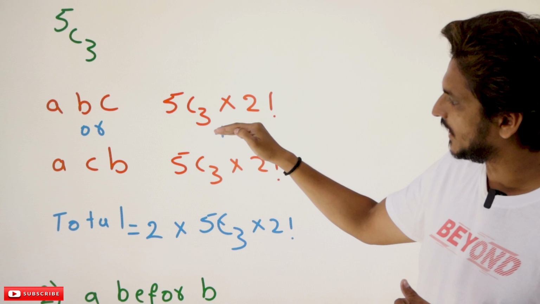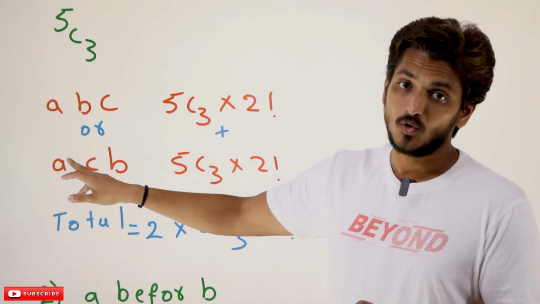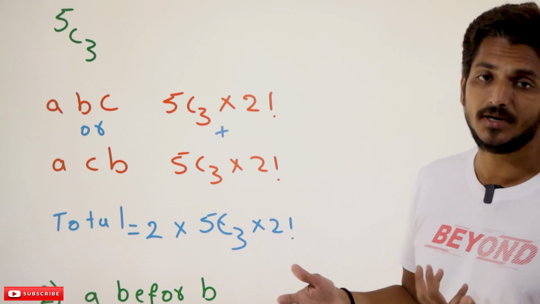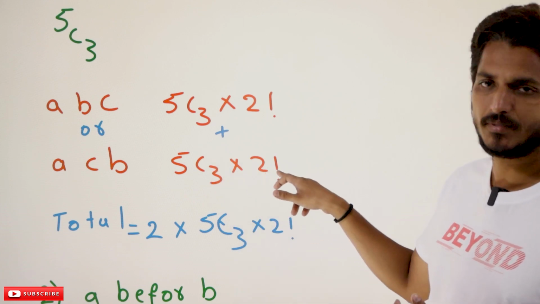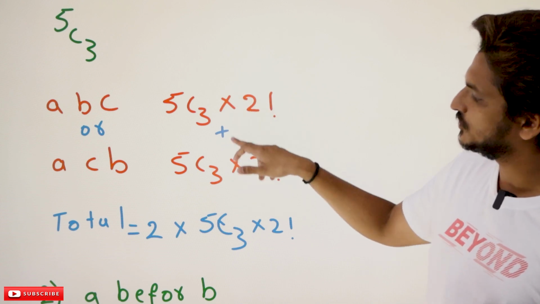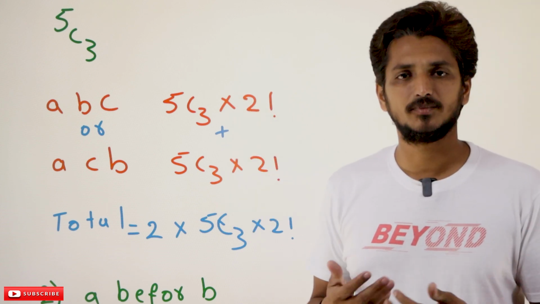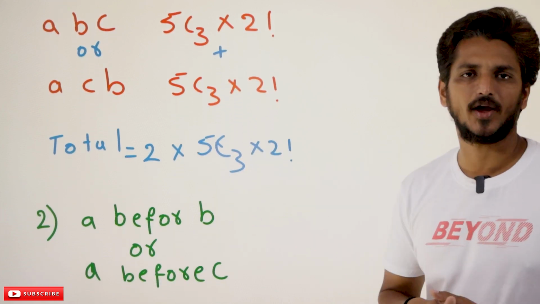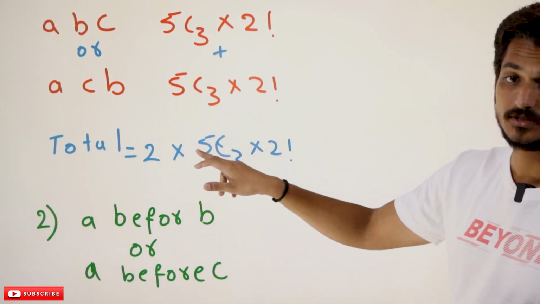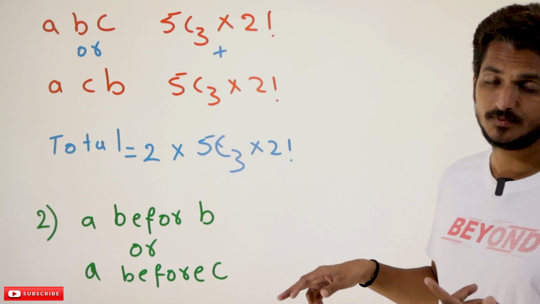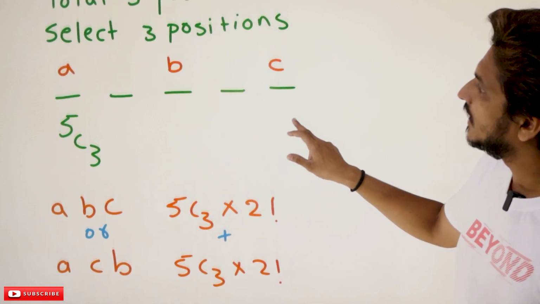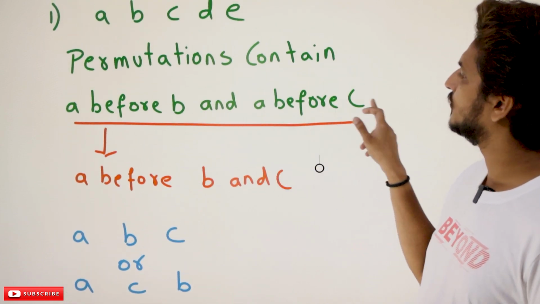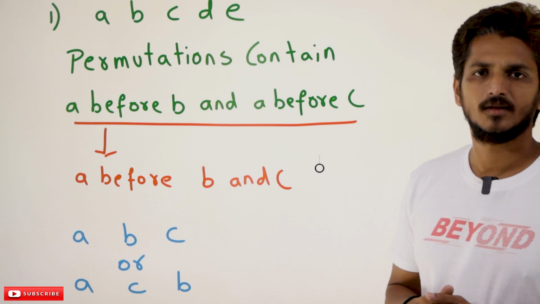Similarly, the second option, A, C, B, can be done in 5C3 multiplied by 2 factorial. Adding these 2, we get the total permutations: 2 multiplied by 5C3 multiplied by 2 factorial. This is our total number of arrangements that contain A before B and A before C.